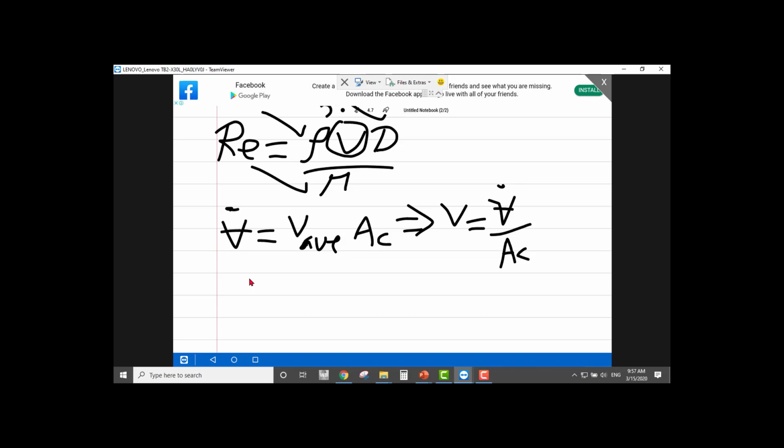What do we have here? We have a circular pipe, so the cross-sectional area is pi multiplied by d squared over 4.